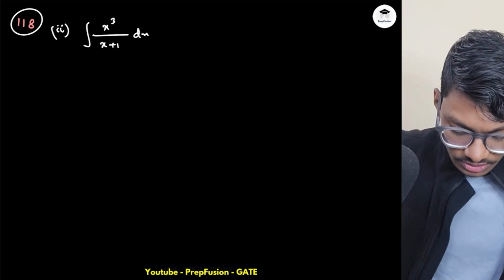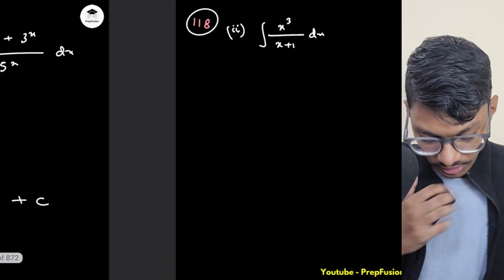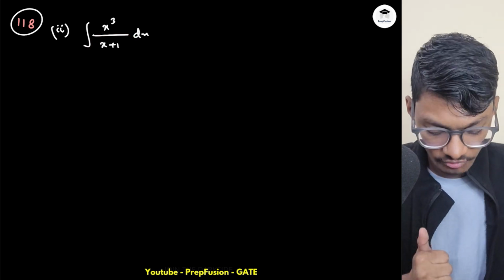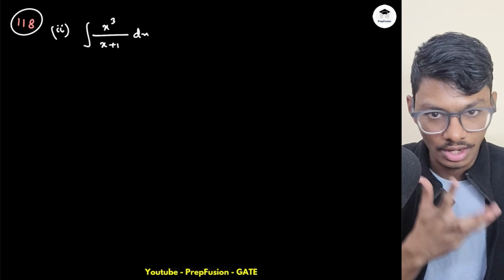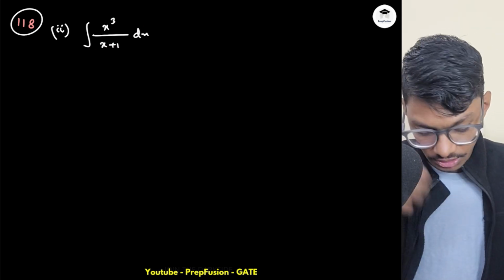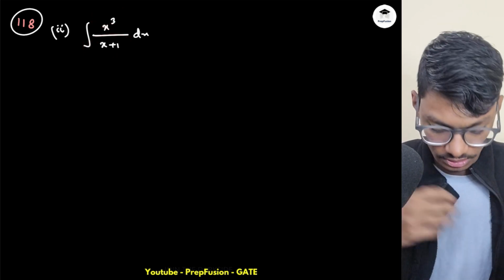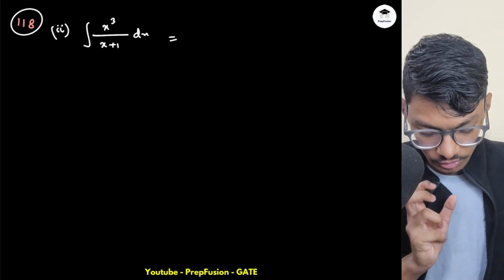So what is the suitable variable that I can take common over here? I am observing that I have x plus 1 in the denominator. Now if I have x plus 1 in the numerator also and I cancel it somehow, I will be able to easily solve this integration. Whenever you have something like this and you are not able to find any substitutions, you try to factorize everything.